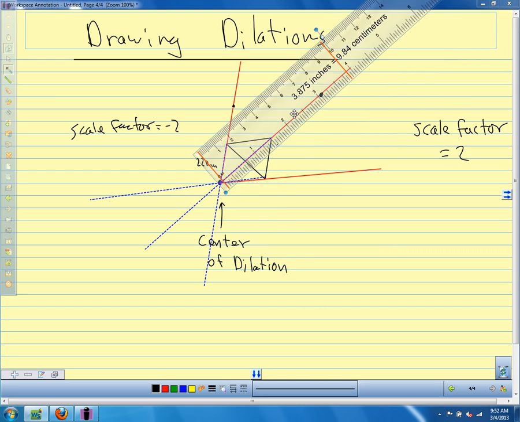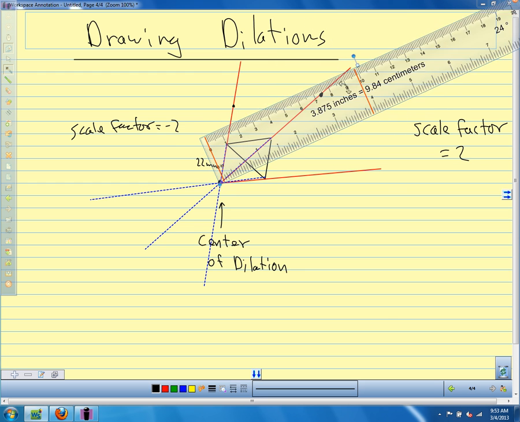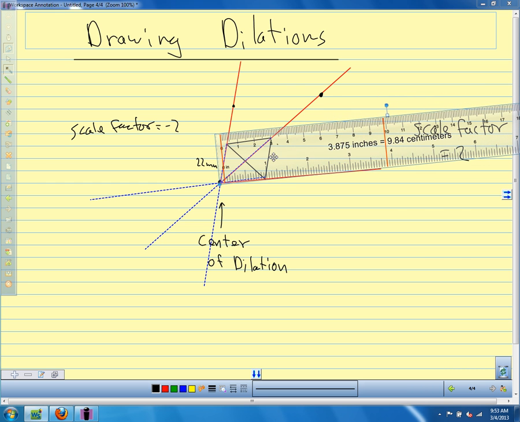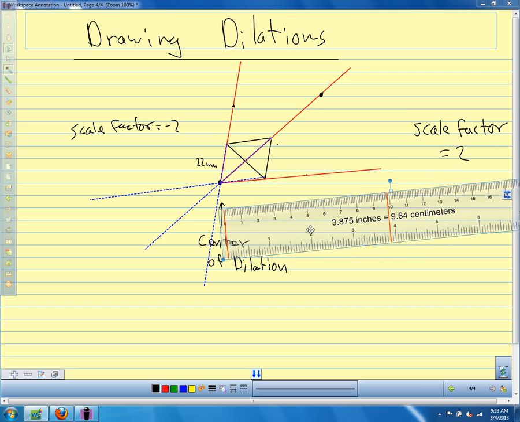And I'm going to do the same thing for this last vertex. Set it down here. Put my ruler there. Move it down so I can measure in millimeters, and it looks to me like that's about 26 millimeters. Multiply that by 2, and I get 52 millimeters. So I'm going to be about there.